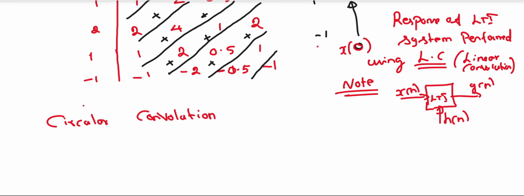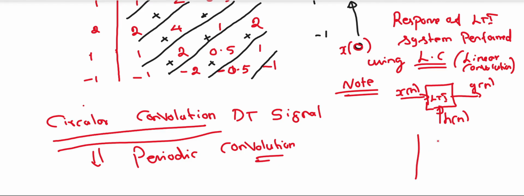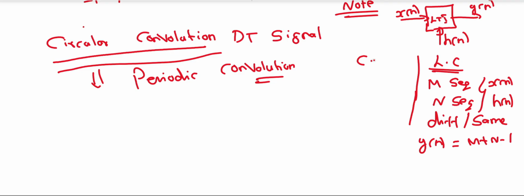For linear convolution, the lengths of the sequences may be the same or different. But circular convolution is also called periodic convolution.